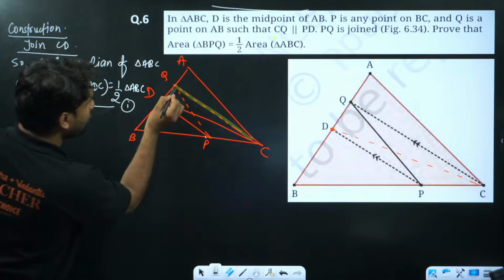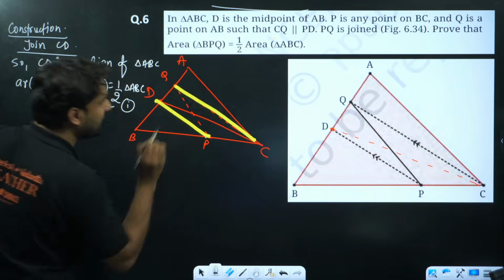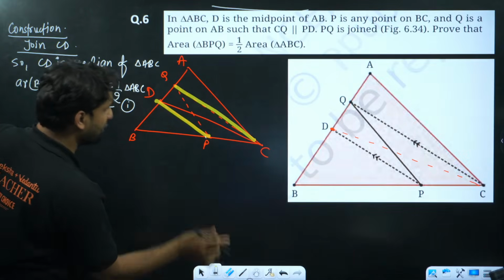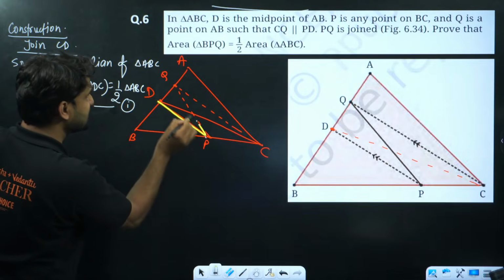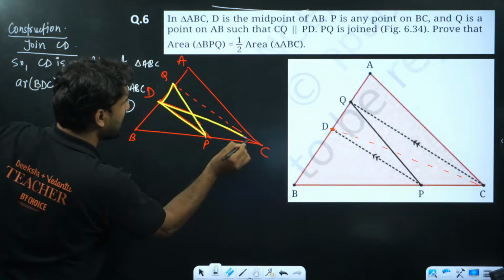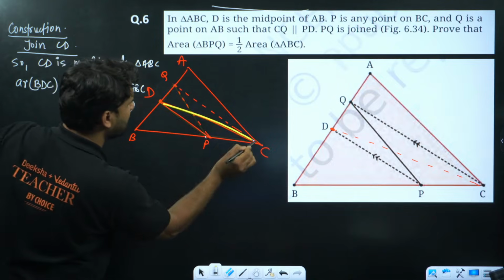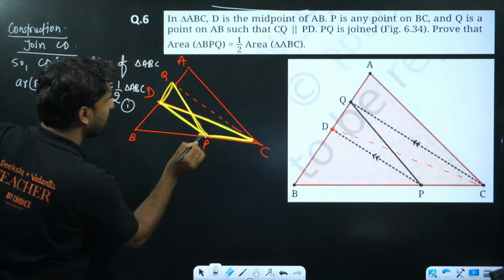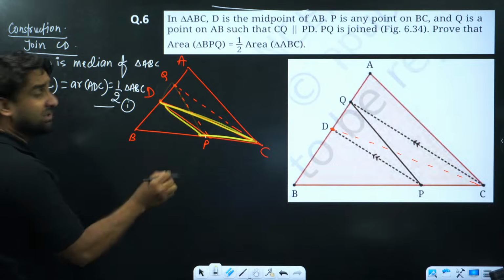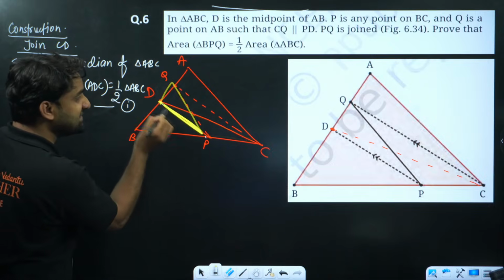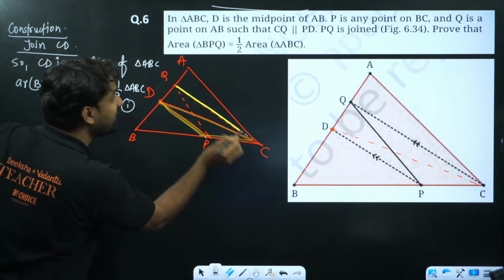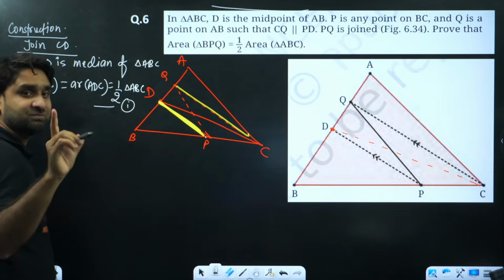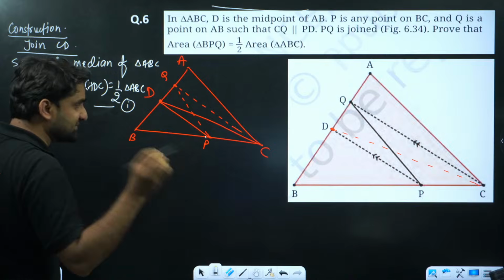And if CQ is parallel to PD, now look at two triangles. Triangle this and triangle this. Can you please observe this triangle? Both the triangles are on the same base. This is the common base and between the same parallels.